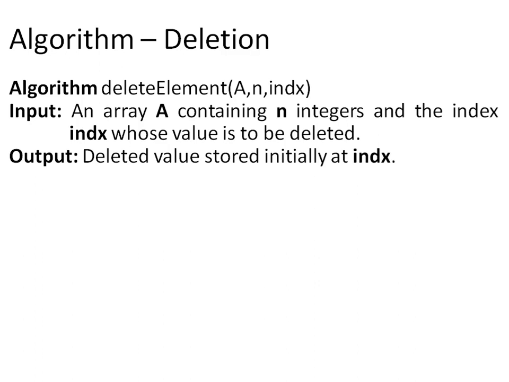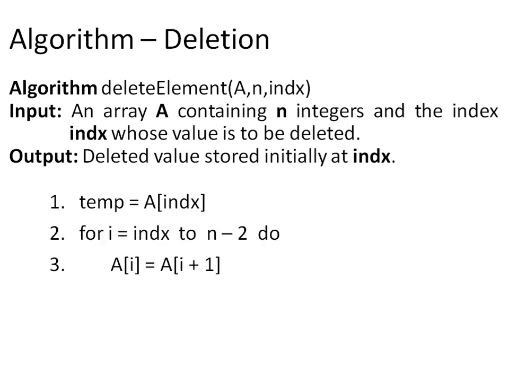As the element has to be returned, we have to first store it in a variable before proceeding with the overwriting step. The same is done at line 1 of the algorithm. After this, elements are shifted towards the left by one position starting from index position idx using line number 2 and line number 3.